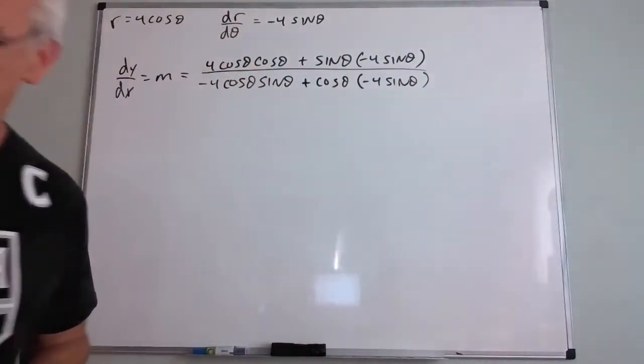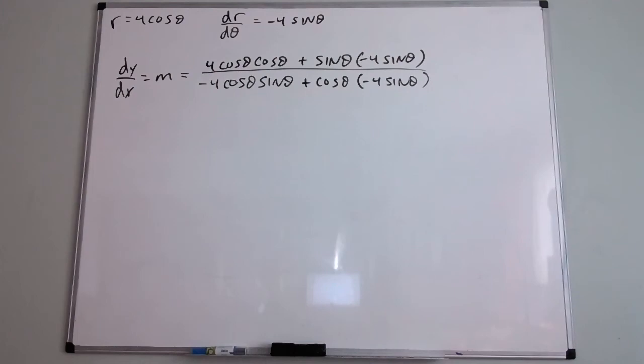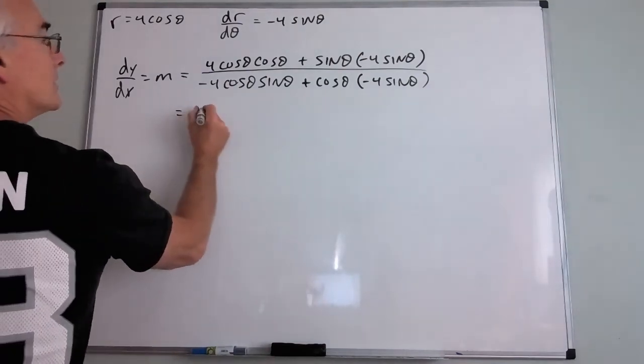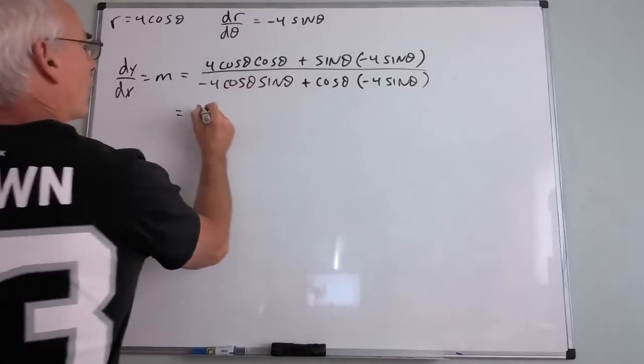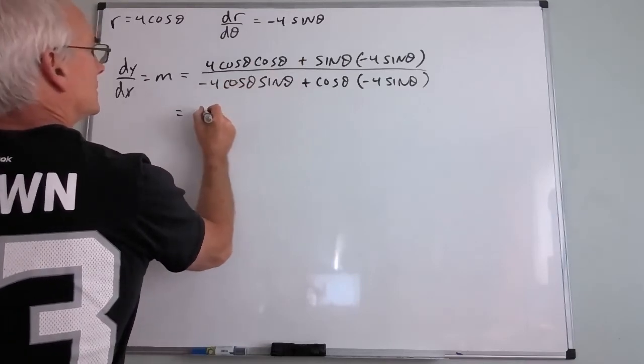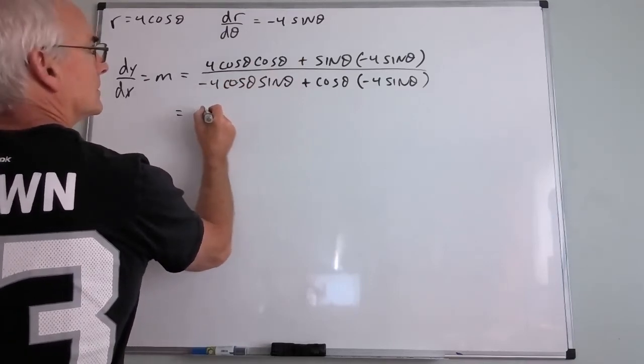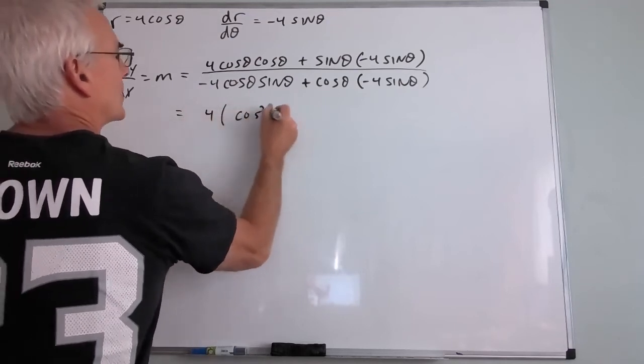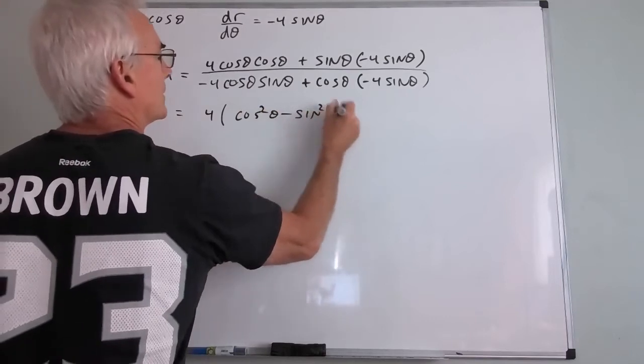It might be a good idea if I just simply wrote the derivative formula down. No, I don't bother writing it down. Let's just do it. So on top, what have I got? If I factor out the 4, then I have cos squared theta minus sine squared theta.